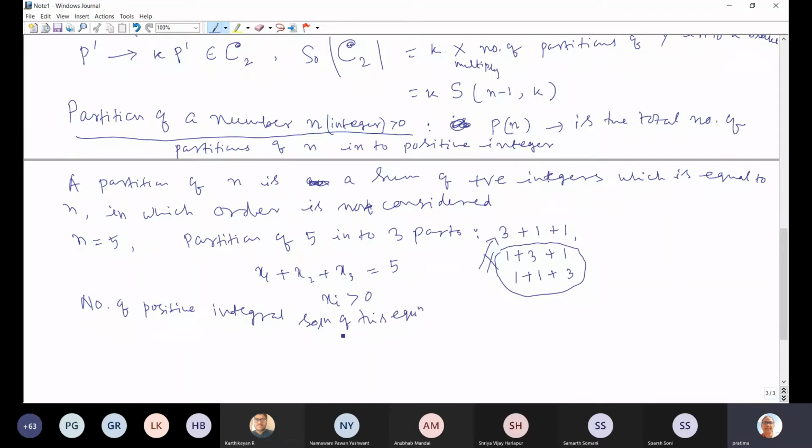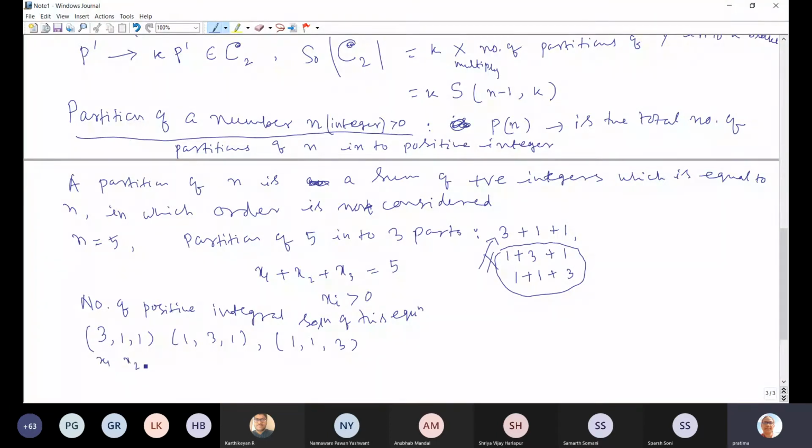In that case, we do consider 3, 1, 1 or 1, 3, 1 or 1, 1, 3 as different. They will be counted as 3 solutions, because these variables are involved.